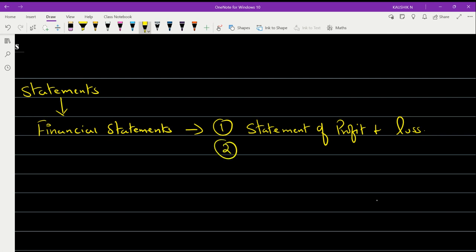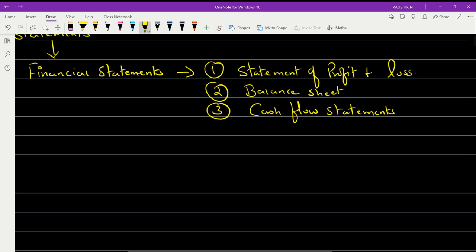Number two, balance sheet. Number three, cash flow statements. Number four, ratio analysis.